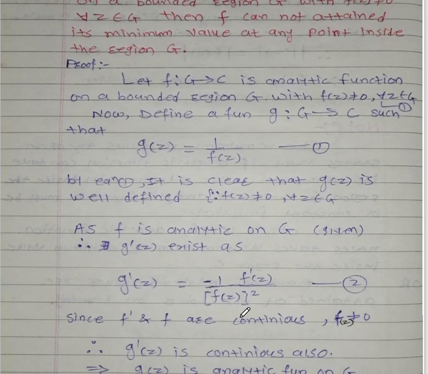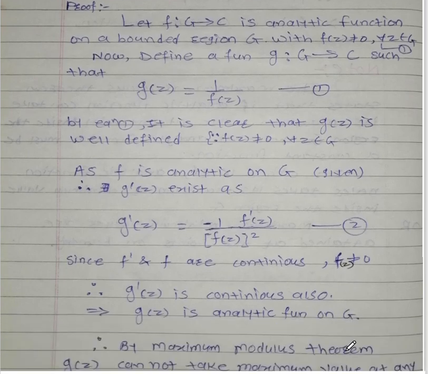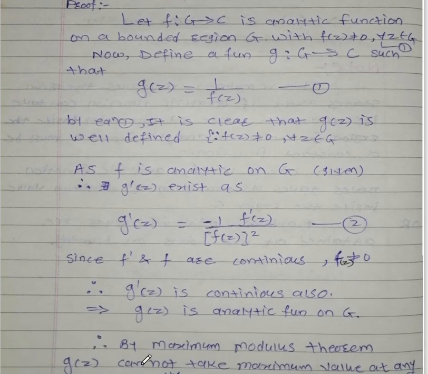Since we know that f and f dash are continuous for f of z not equal to 0, therefore g dash of z is also continuous, which implies g of z is also a continuous function. So g of z is analytic on region G because f of z is given as analytic.